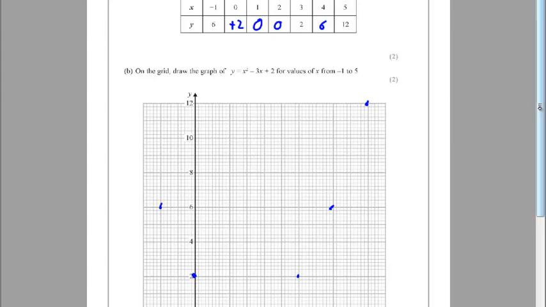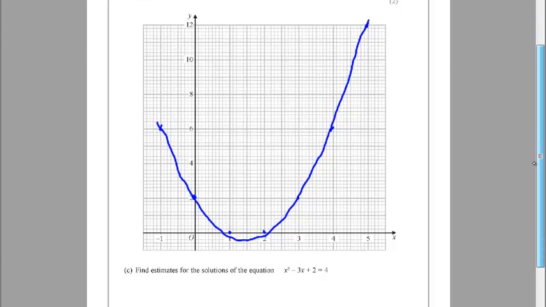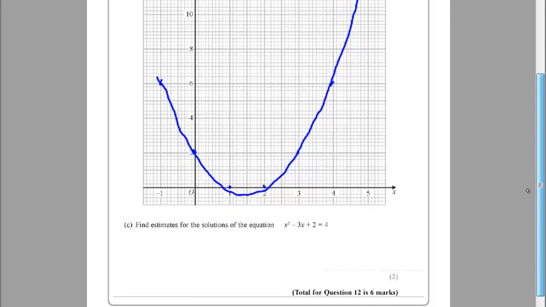So typical quadratic, we just plot that. Dip under a bit. And then we've got the final part.